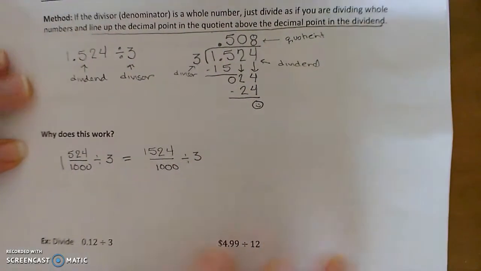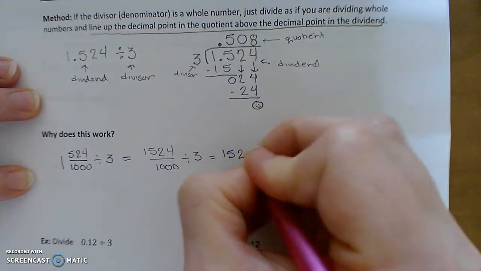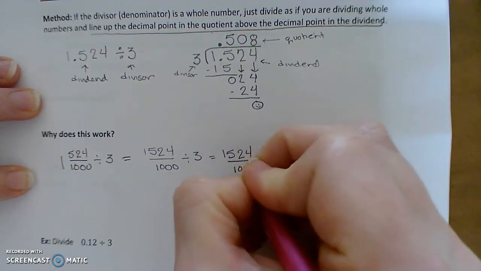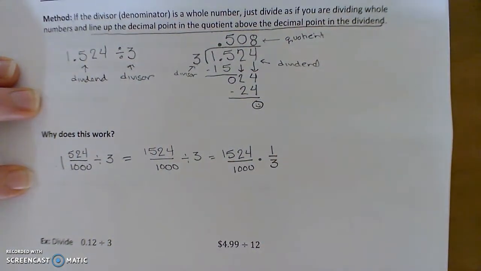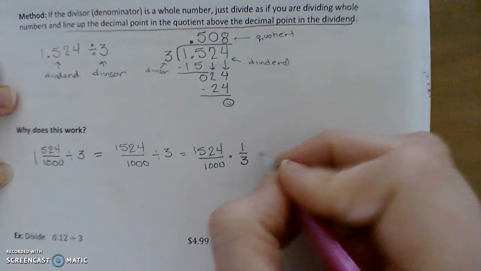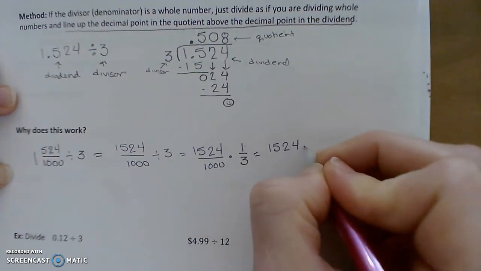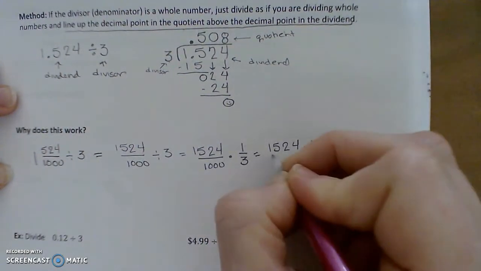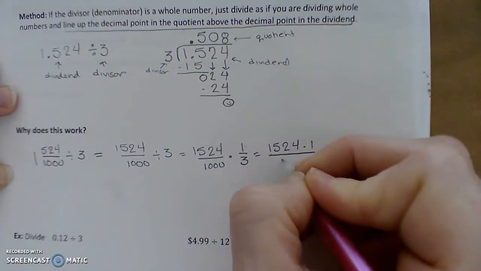So the way that division works when you're doing fractions is that we multiply by the reciprocal of the second number, the divisor. And now you can just multiply numerators, multiply denominators. So this will be 1,524 times 1, and then over 1,000 times 3.